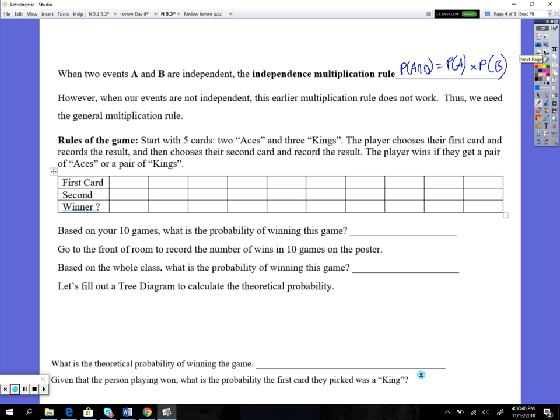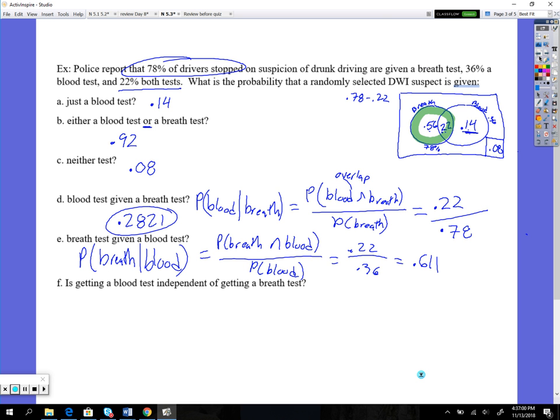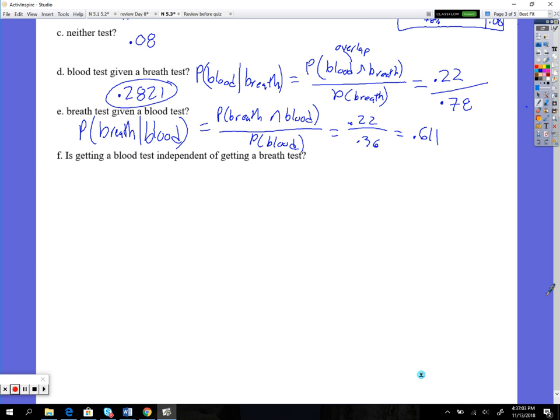If we have two events that are independent, A and B, then we can say that the probability of A and B is equal to the probability of A times the probability of B. Knowing this rule, if we go back to this question, when I ask are they independent, I am essentially asking, is this a true statement? If this comes out to be a true statement, then we can say they're independent. If it comes out to be a false statement, then that means they are dependent.